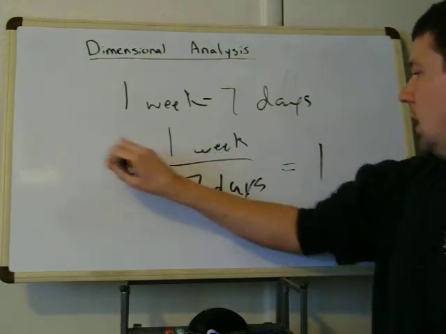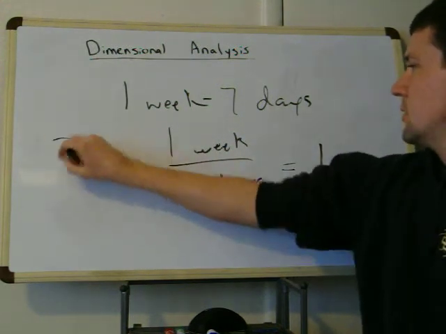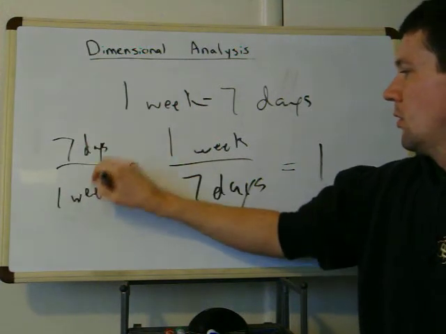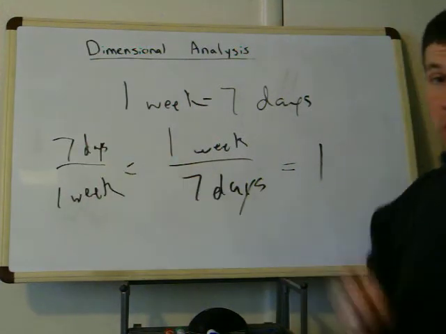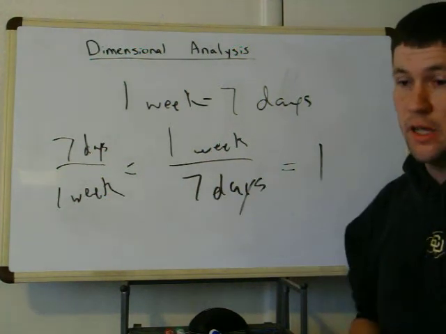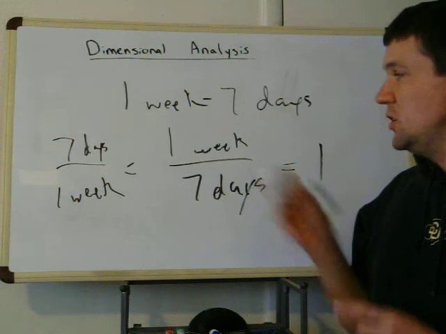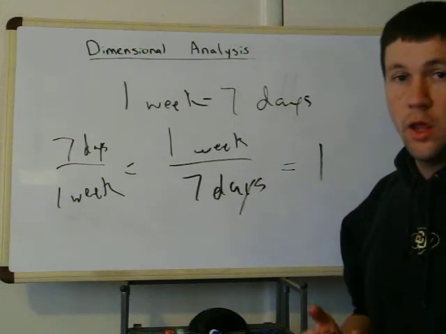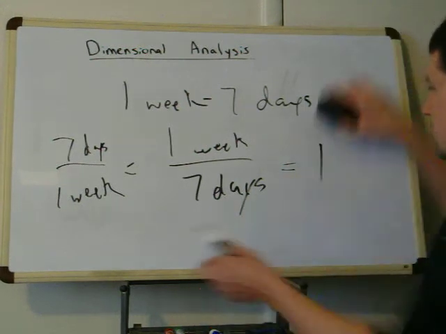We can also say 7 days over 1 week. That's also okay to do. You can say 7 days over 1 week or 1 week over 7 days. You would want to use one or the other, just depending on what units you're trying to get.